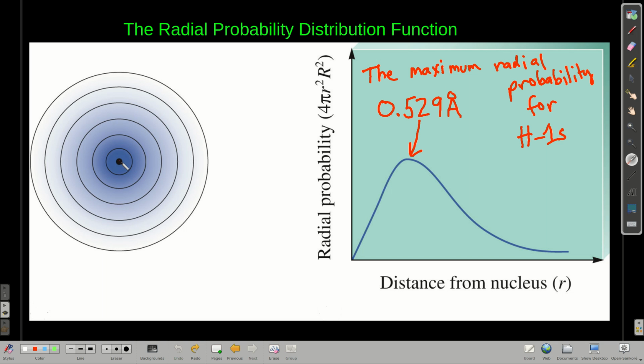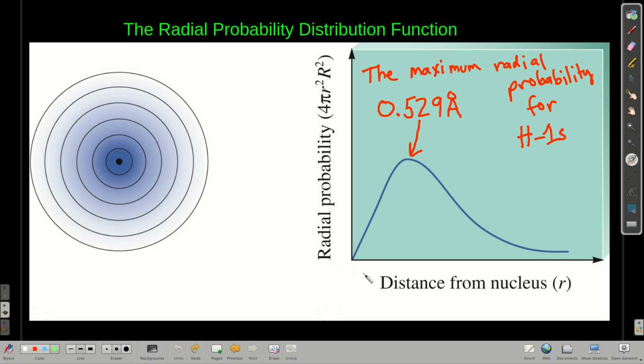If you imagine the atom as being layers like of an onion as you go out from the nucleus, if you multiply the probability of finding an electron in each of those layers times the volume of that layer, you get the radial probability distribution function, and it looks like this. Okay, now it doesn't get really big as r goes to 0, but rather goes to 0 at r equals 0, and again asymptotically approaches the axis as r goes to infinity.